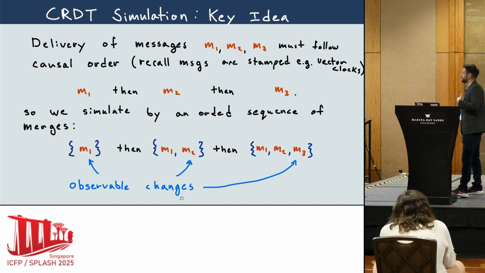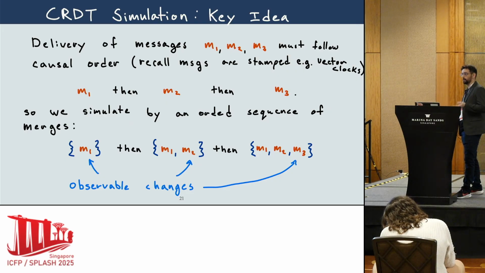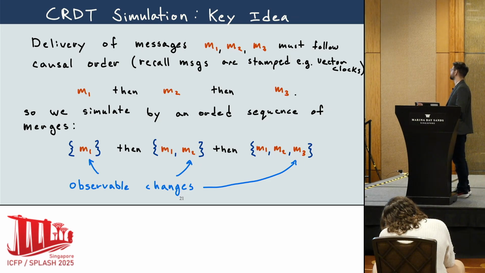So then if we look at a replica, and that replica wants to deliver messages M1 through M3, for example, M1, M2, M3. Remember that these are ordered by causality. In practice, we would use something like a vector clock. The order that has to be followed is you first deliver M1, then you deliver M2, and then finally you deliver M3 in this example.